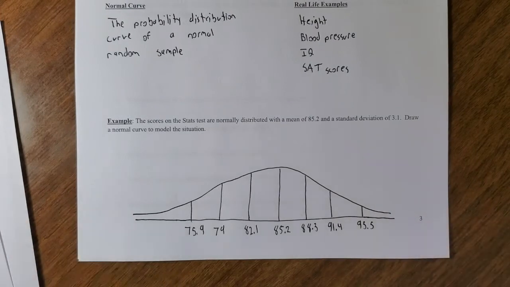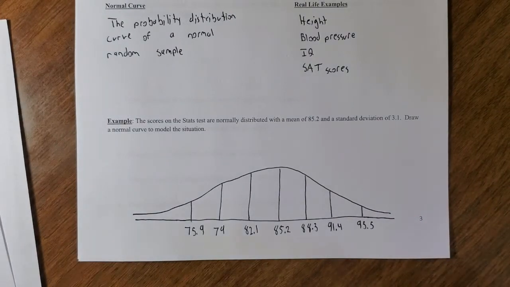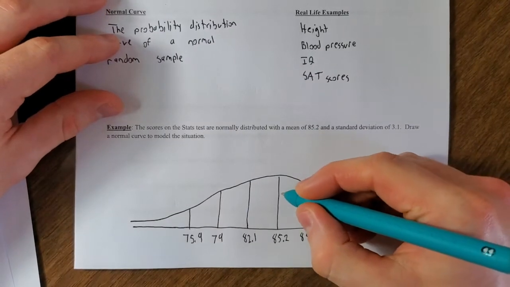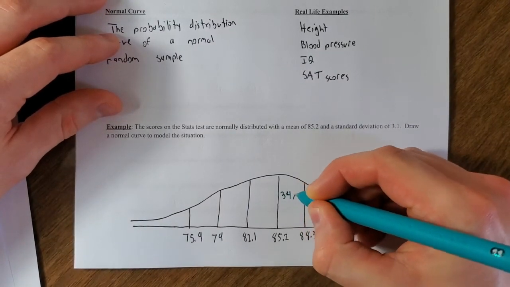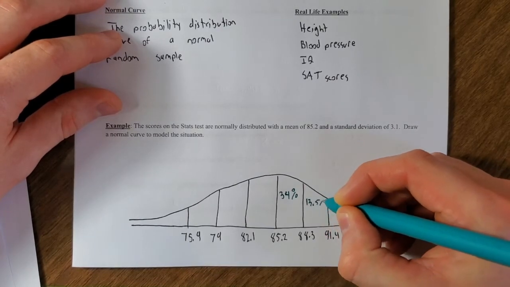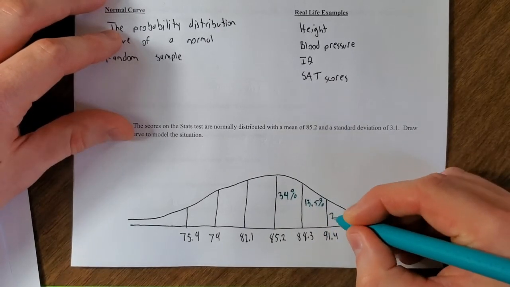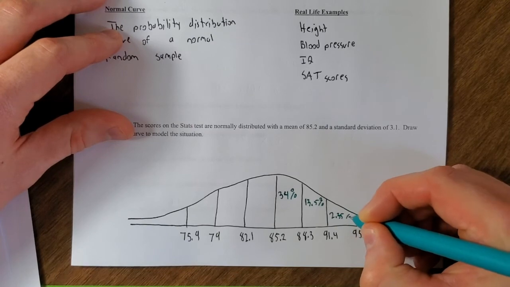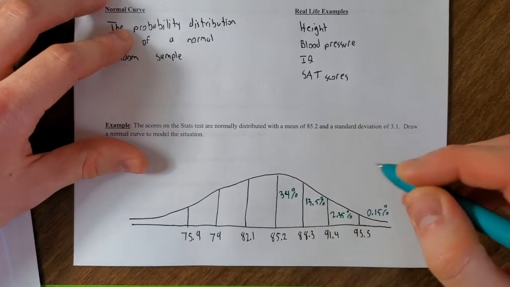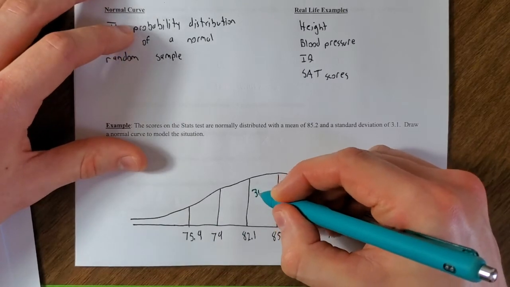Usually when you make these, I'm going to ask that you label those percentages in here just so we can see how likely each of these are to occur. So we got 34%, 13.5%, 2.35%, and 0.15%. And that's going to get mirrored on the left-hand side again.